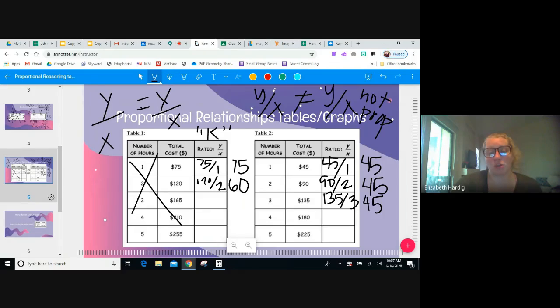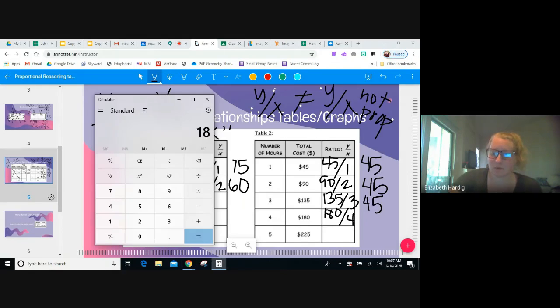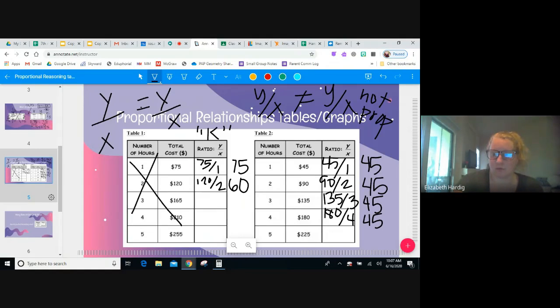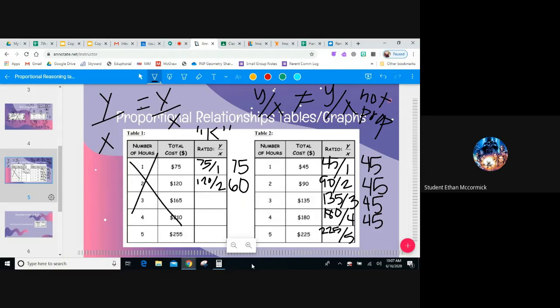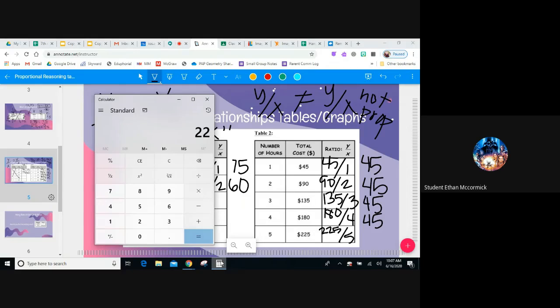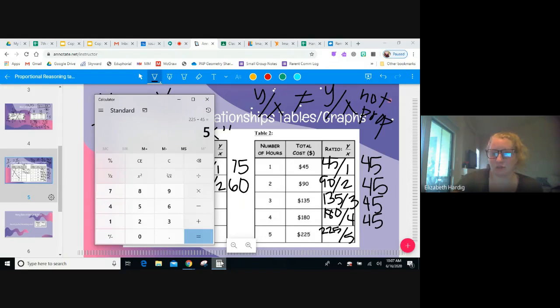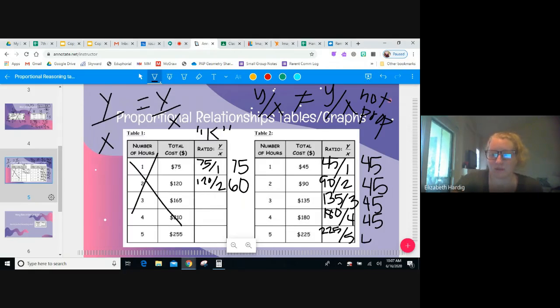It is, but we want to make sure we check all of them because sometimes you know how they like to trick us and it'll work to the very end. So we have 180 divided by 4, which still gives us 45. And then lastly, 225 divided by 5, which is 45 still.